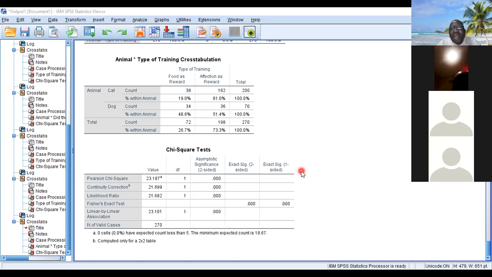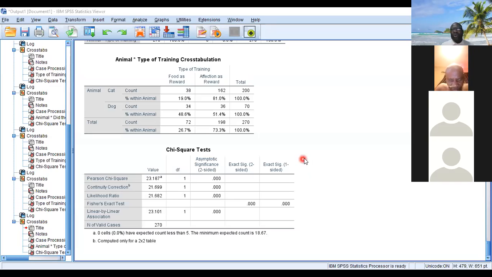So what it is telling you is that more dogs were trained on food than cats, while more cats were trained on affection than dogs. Right?